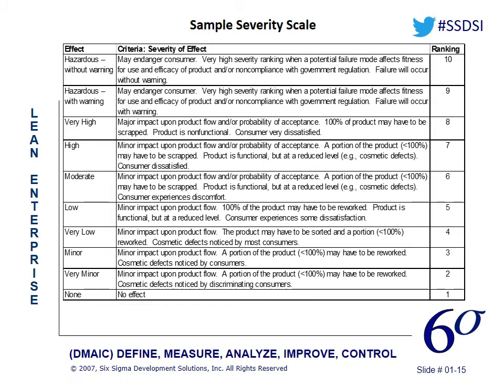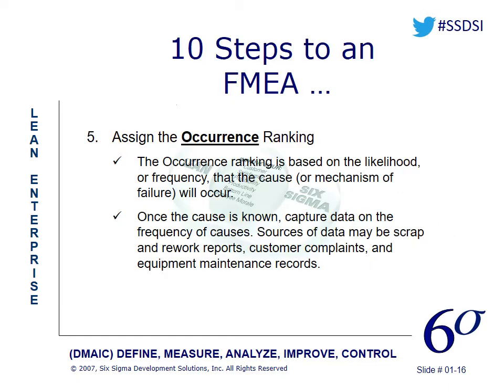So the failure occurs, and we don't know it, we don't see it. And again, it might be a safety issue where something could hurt us because we don't see it coming. All the way down to a 1, which is no effect. So you are free to copy and use this sample severity scale for yourself.